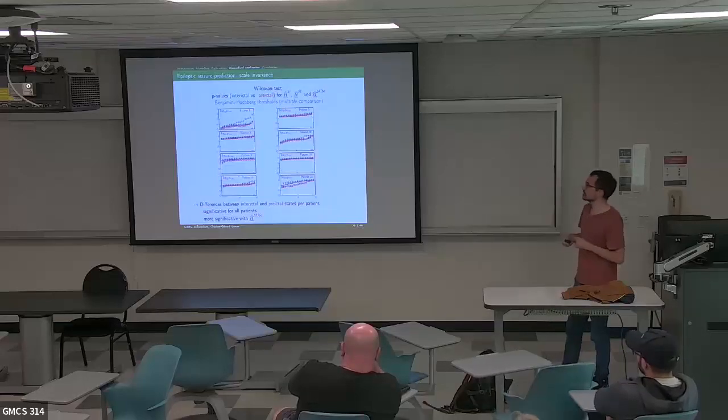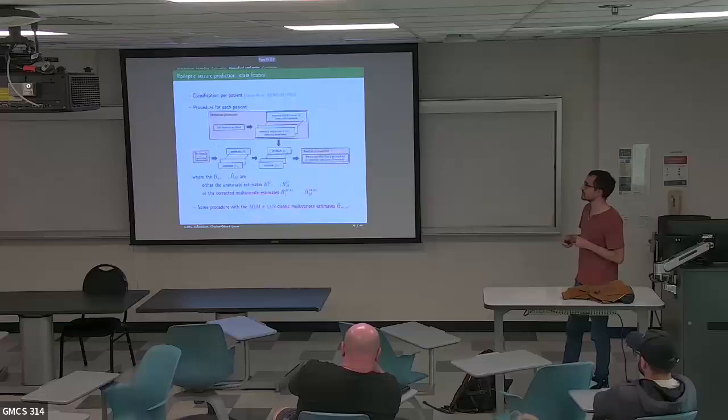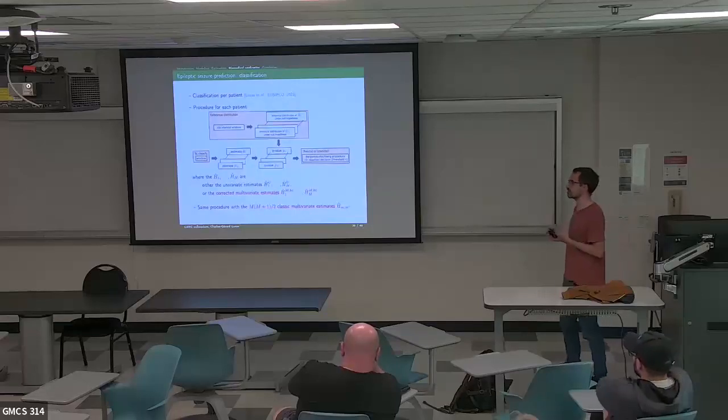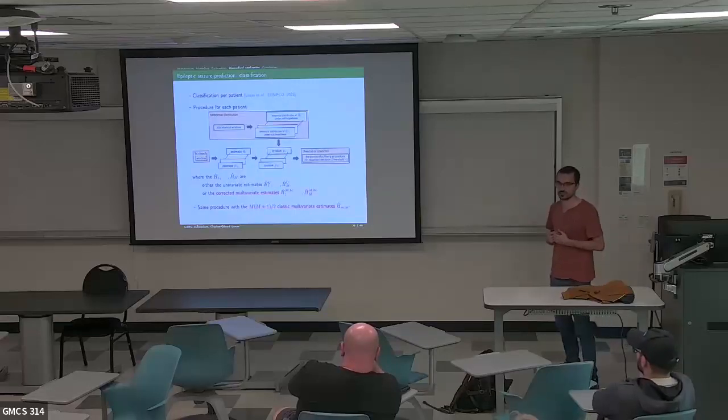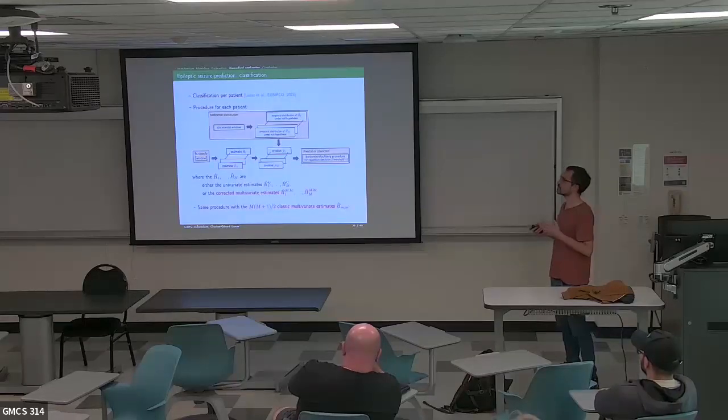So note that we have this quantification. We can perform a classification using these estimators. And to do this, we propose an overall procedure. The idea is to define a reference distribution using 100 interictal windows. So we compute the estimates related to these windows.